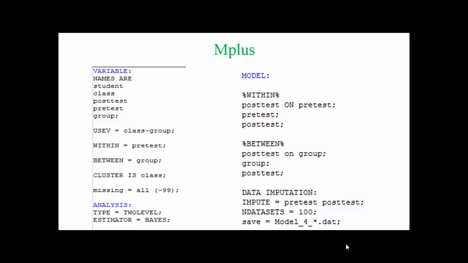In that case, level 2 is classroom, level 1 is student, and school can be ignored, but you don't have to worry about getting biased parameter estimates in the output. It's in the Mplus user's guide. Type equals complex is the command, and it shows how you can do that even for a three-level model.